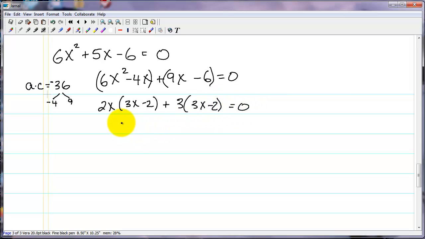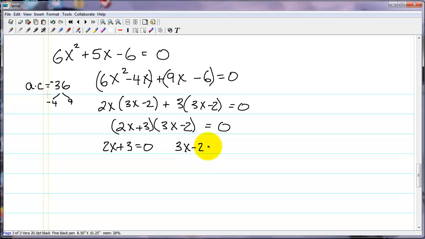And we can pull that together using GCF factoring again. And now we have two things multiplied together that equal 0. So we know that either 2x plus 3 has to equal 0, or 3x minus 2 equals 0.